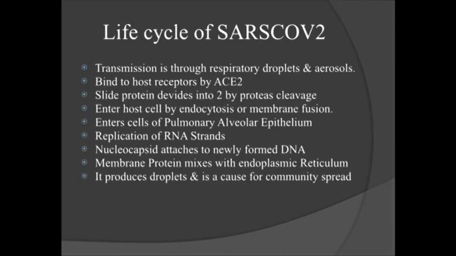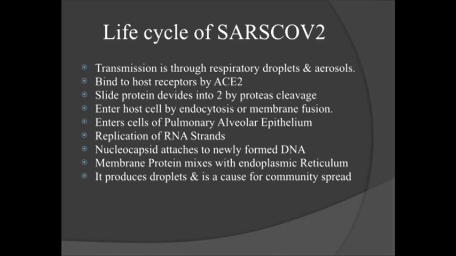If you see the life cycle of SARS-CoV-2, transmission of the virus is by respiratory droplets and aerosols, and it binds to the host receptors by the ACE2 protein, which is present in the cell membrane. The spike protein divides into S1 and S2 by protease cleavage, and enters the host cell by endocytosis or membrane fusion.